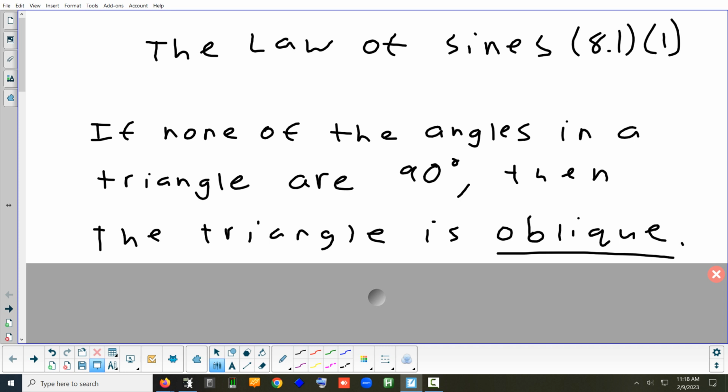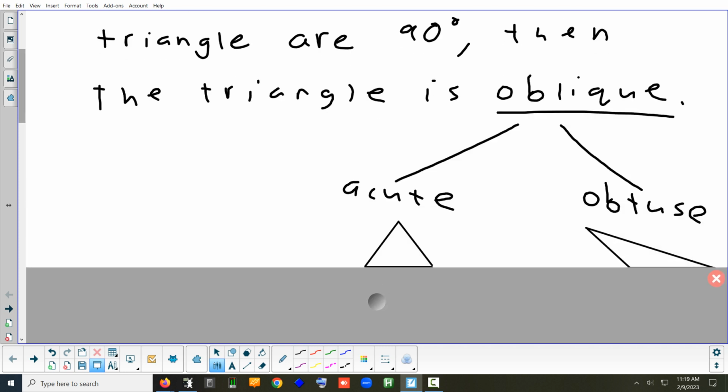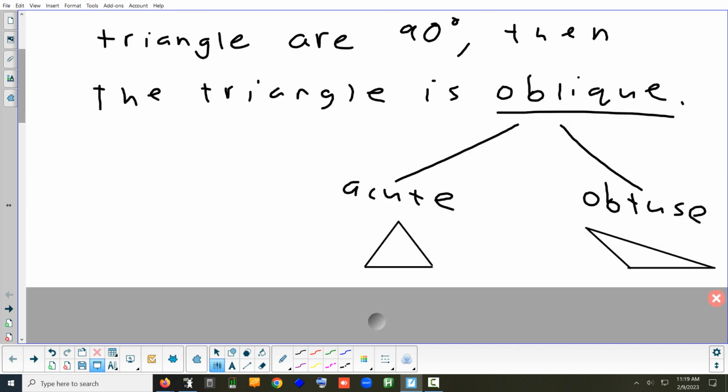That's an oblique triangle. In an oblique triangle, Pythagorean theorem doesn't apply, because that's only for right angles. And opposite over hypotenuse, adjacent over hypotenuse, none of that works either, because you do not have a hypotenuse in an oblique triangle.